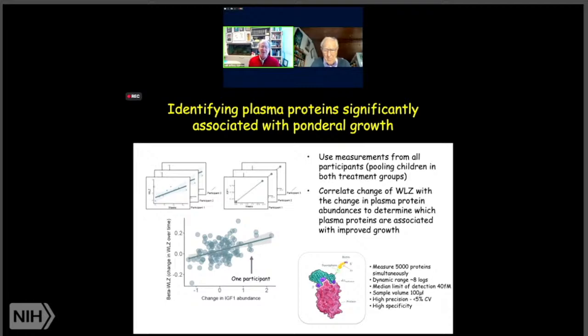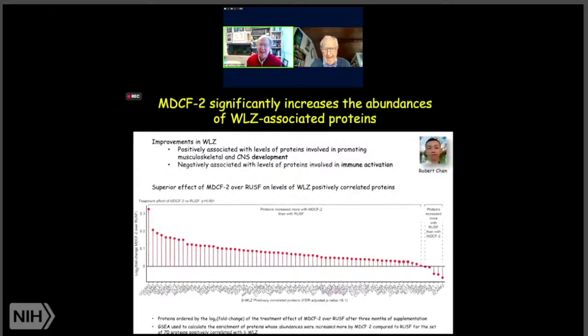So shown here in the lower left is an example of the types of tests of correlation between the rate of change in WLZ over time and the rate of change of a particular protein, IGF-1. And those plots for each individual are shown as dots. And from this analysis, a group of 70 WLZ correlated proteins were identified.